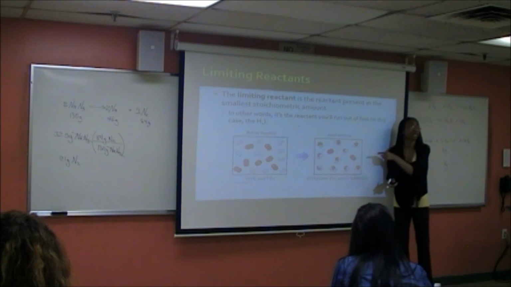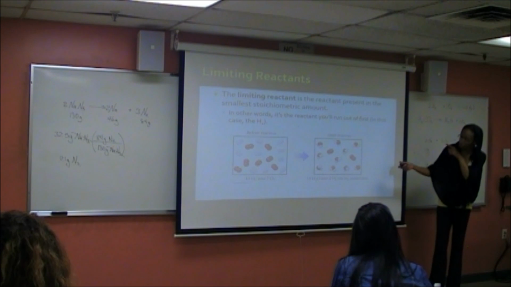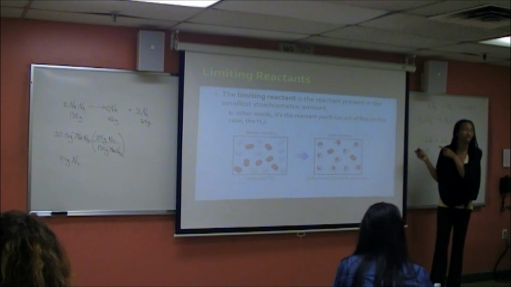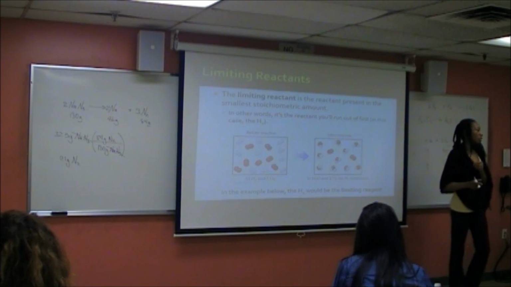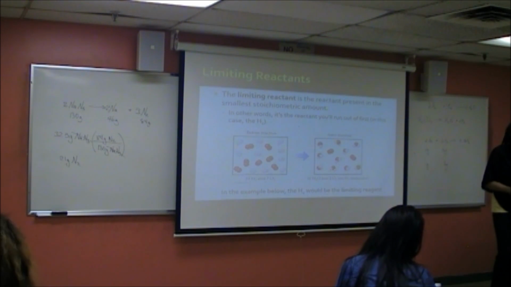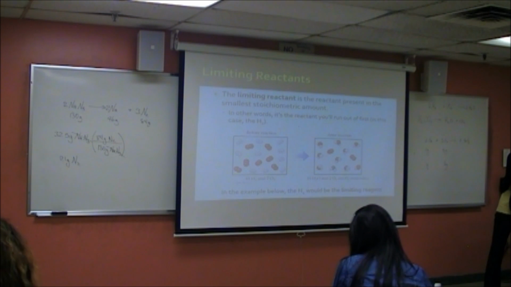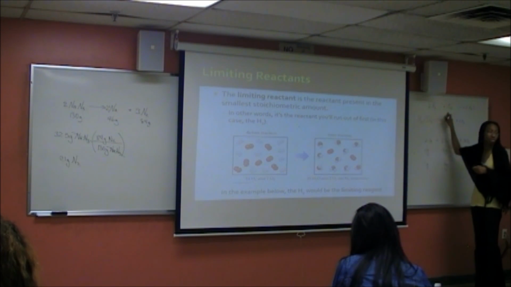Your hydrogen gas, so you end up with 10 molecules of water, 2 molecules of oxygen gas left over, and your hydrogen gas is your limiting reagent. So it's not whoever's the shortest, it's whoever's going to finish first. You have to look at the ratio also.